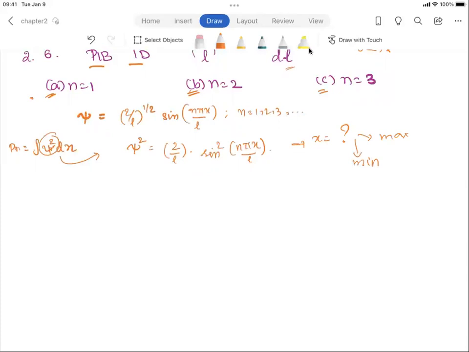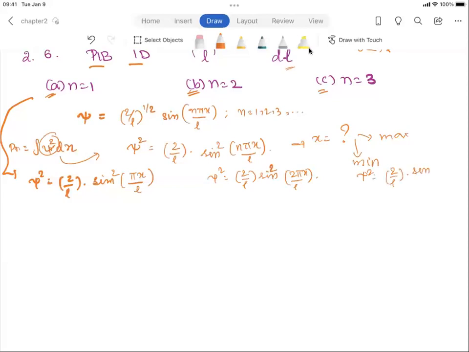Now, for n equals 1, psi squared is going to be 2 over L times sine squared pi x over L. For n equals 2, it's going to be 2 over L times sine squared 2 pi x over L. For n equals 3, it's going to be 2 over L times sine squared 3 pi x over L.